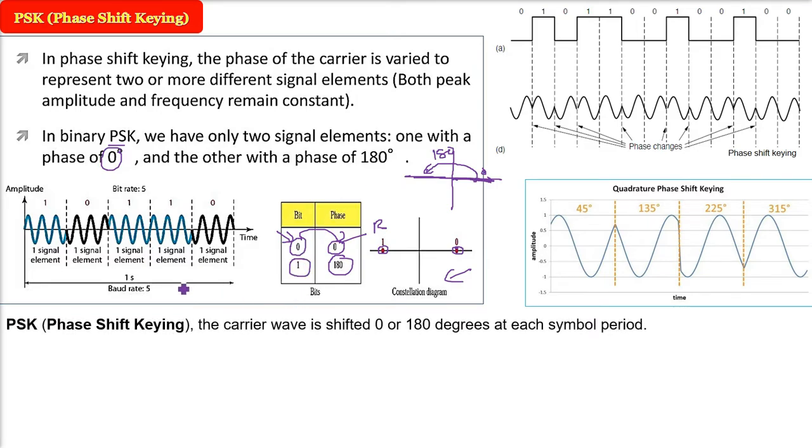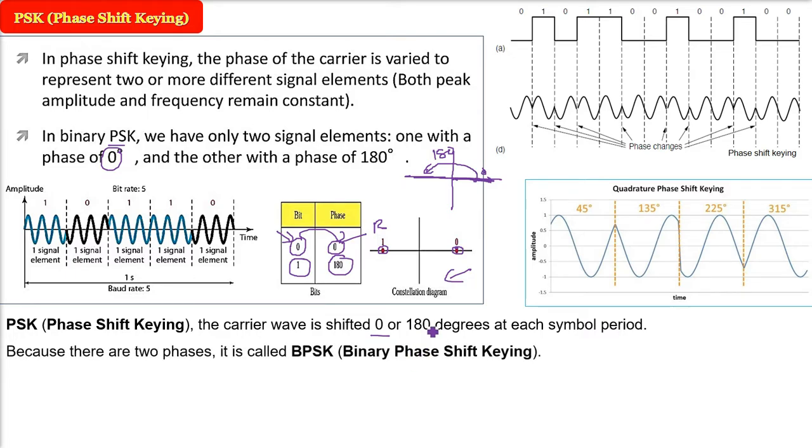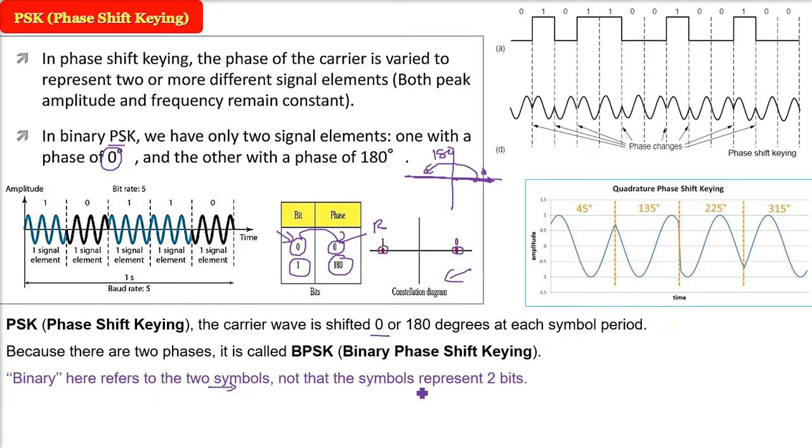So in phase shift keying, the carrier wave is shifted 0 or 180 degrees at each symbol period. And because we have 2 phases here, it is called BPSK or binary phase shift keying. Binary, we are referring to the two symbols, not that the symbol represents two bits.